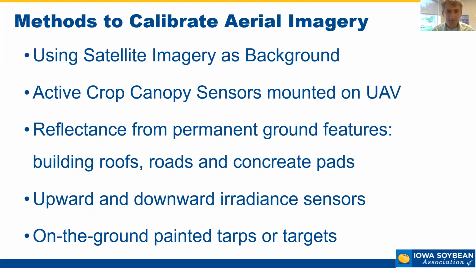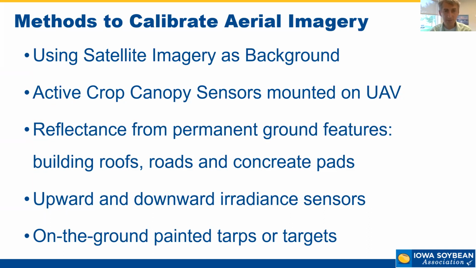There are also different types of sensors which are equipped on modern remote sensing systems and planes. They're also helpful in some cases. We also can use so-called on-the-ground painted tarps and targets, which is what we used when I was a graduate student.